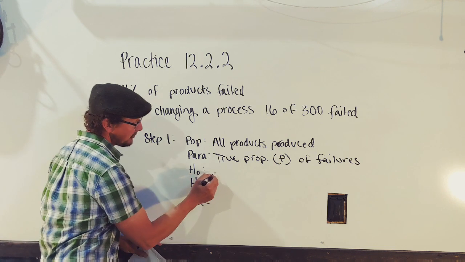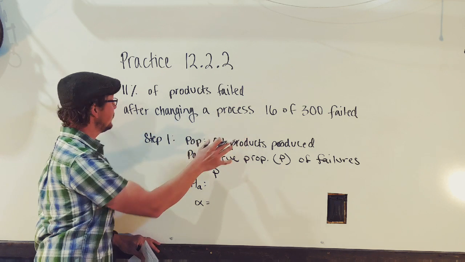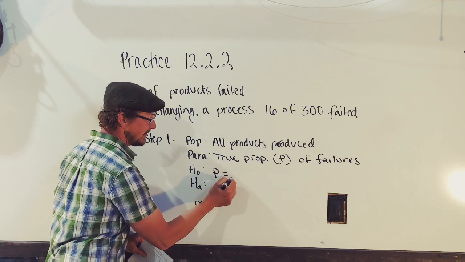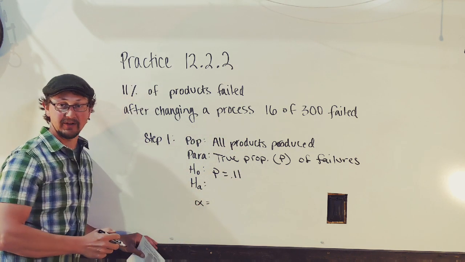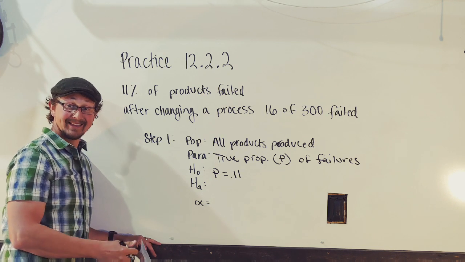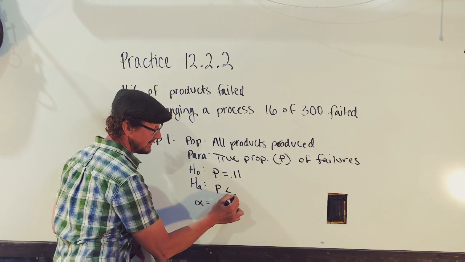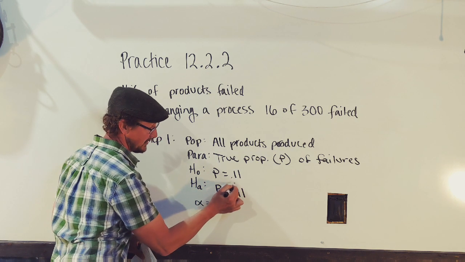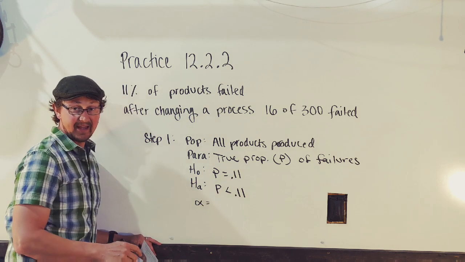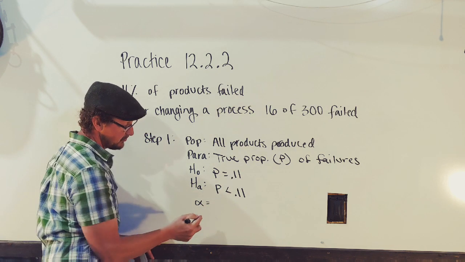My null hypothesis is that even though I change the way I'm doing things, I still have this 11% failure rate. The alternative hypothesis is that I've actually improved things and that my failure rate is less than 11%. And what's going to convince me that we've actually made a positive change?